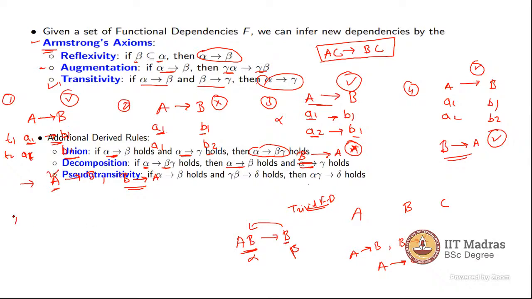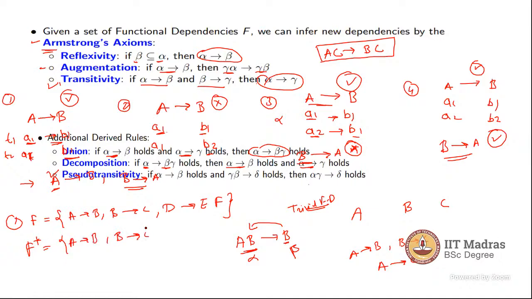Here, let us take one example. Suppose we have the functional dependencies A determines B, B determines C, and D determines EF. Now we have to calculate the closure of this functional dependency set using these rules. A determines B and B determines C, so by using the transitivity rule, we can also say that A determines C. By using the decomposition rule, we can say that D determines E and D determines F also.